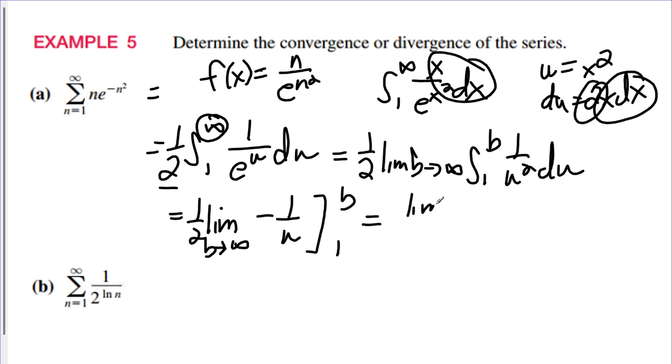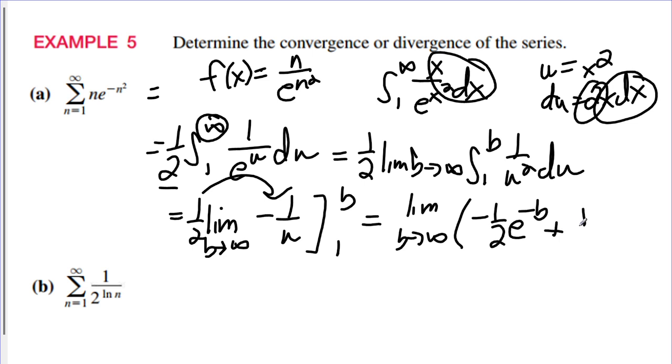Therefore, we're going to get the limit as b goes to infinity of, if we plug in b, negative 1/2. I'm going to multiply the 1/2 back through, so negative 1/2 e to the negative b plus then 1/2 times e to the negative 1.